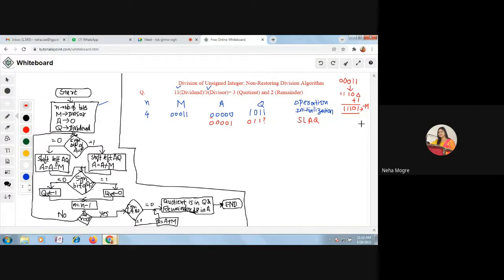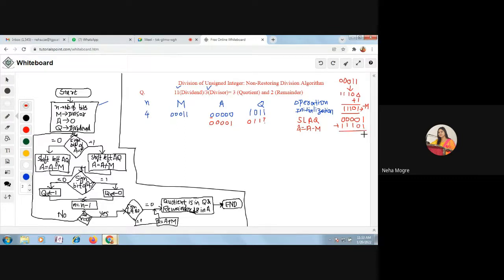Right? So after performing this, we have to do A equals A minus M. So what will it be? What is the A? 0 0 0 0 1, right? Plus 1 1 1 0 1.